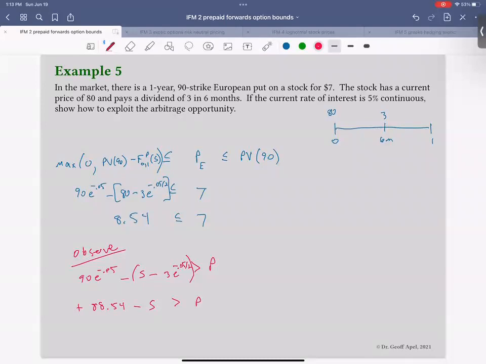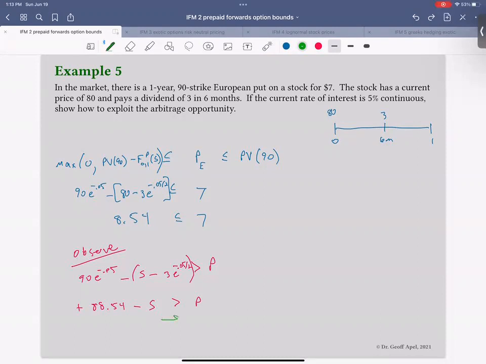Is this a time zero thing or a time t thing? We see this is time zero, so we're good, because it is the current price of the put. So arbitrage always comes back to the same thing. We either do the cash flow method or the portfolio method. Either one is good.